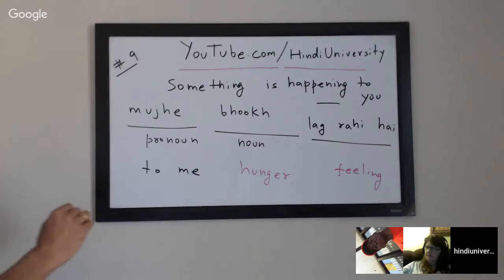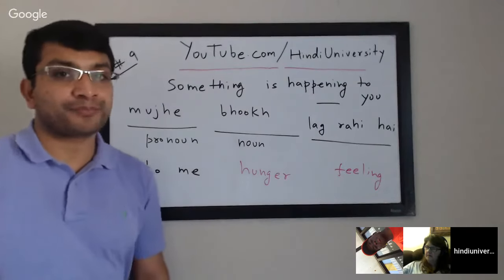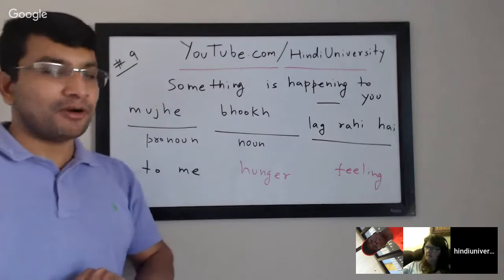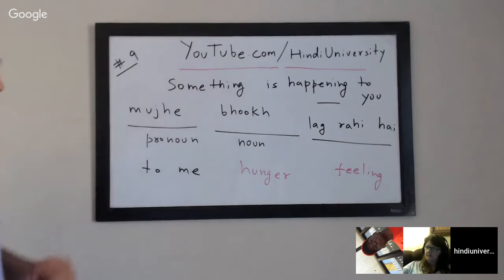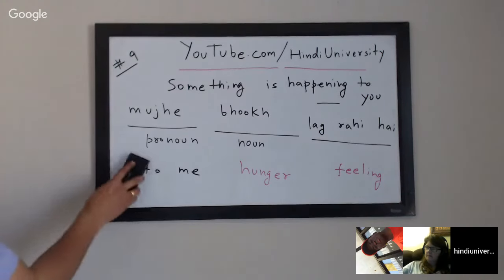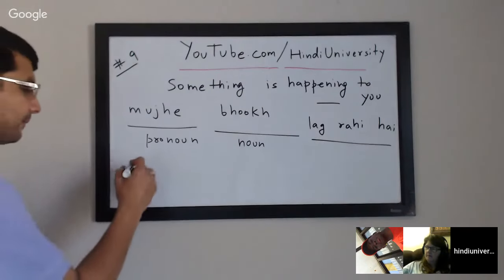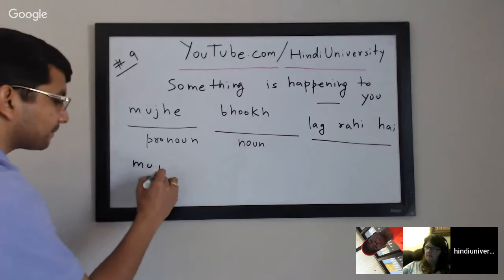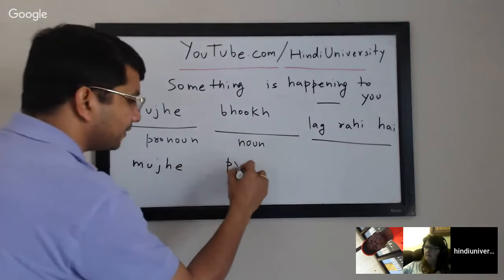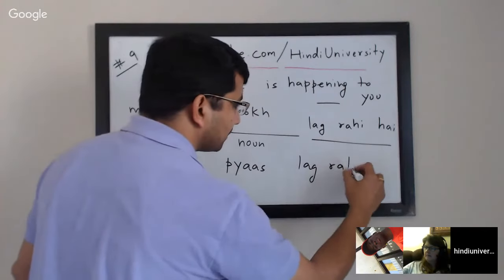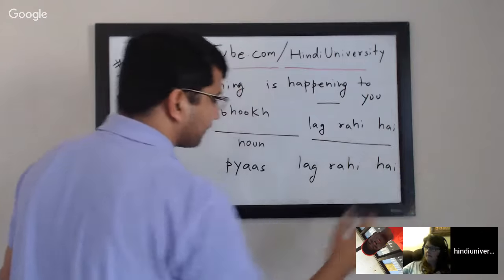In this case we are saying it in a different way, as "to me hunger is coming", which in Hindi is mujhe bhook lag rahi hai. Or if you want to say I'm feeling thirsty, you will say मुझे प्यास लग रही है.